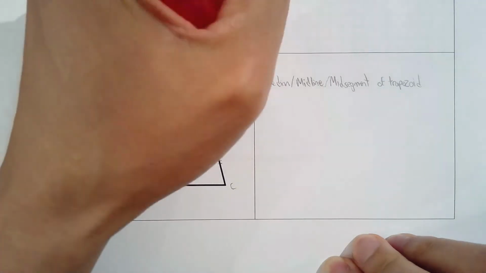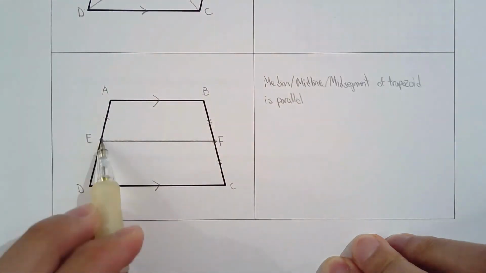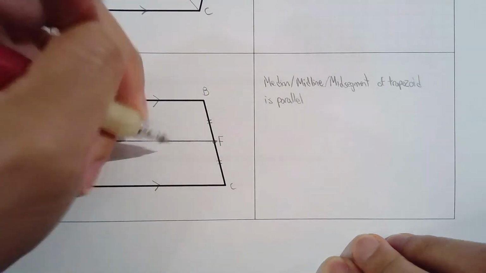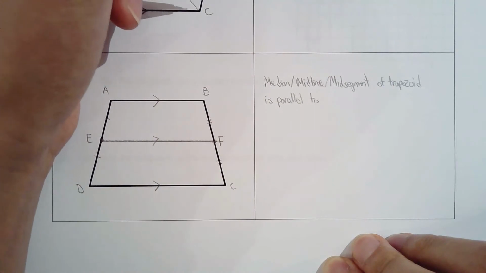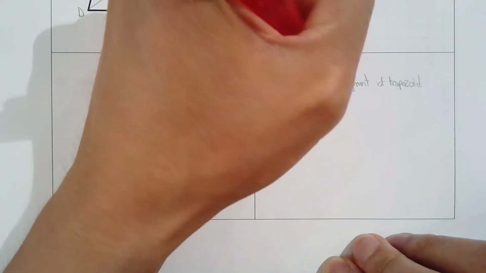is parallel. So I didn't tell you, it's actually EF, the midline or mid segment or median, is parallel to the other two sides.